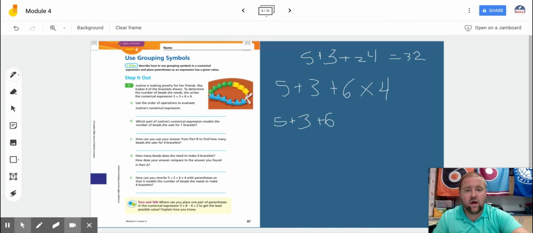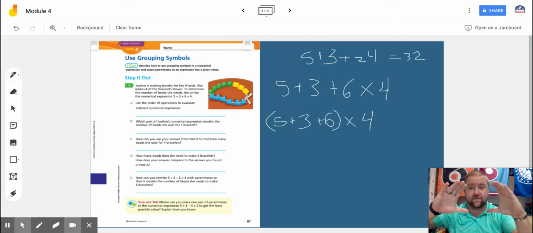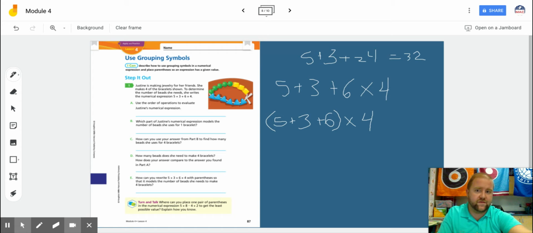Now, if we wanted to take the quantity of this and multiply it by 4, we need to put that into parentheses and then do the multiplication symbol. Because if you want to find an answer first, you want to put that into parentheses.